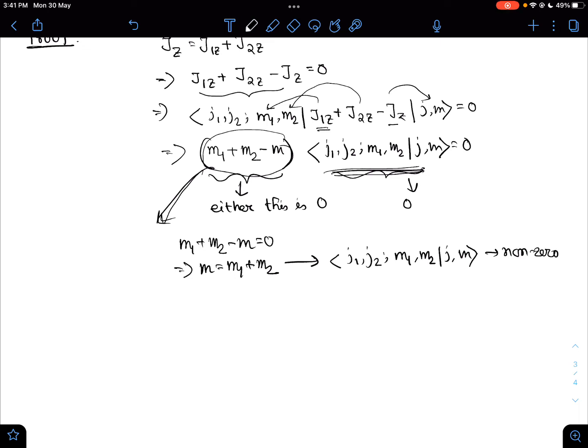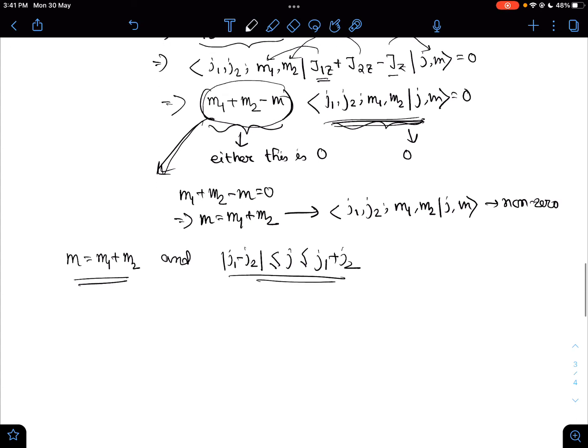So what have we learned? For the Clebsch-Gordon coefficient not to be 0, we must simultaneously have m equal to m1 plus m2, and the j value lies between j1 minus j2 and j1 plus j2. Only when these two conditions are simultaneously satisfied is our Clebsch-Gordon coefficient non-zero.